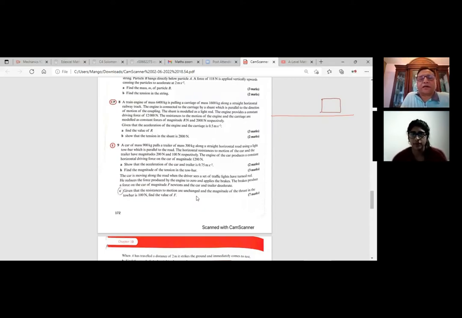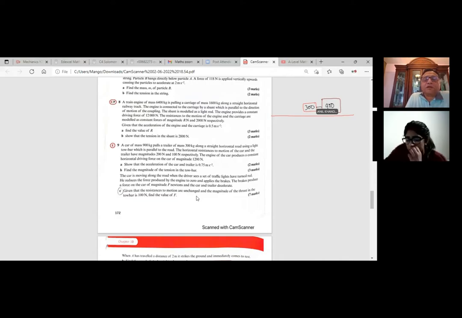Right, so let's make the diagram first. A car of mass 900 kg pulls a trailer of mass 300 kg. So we have this as 900 and 300, using a light tow bar which is parallel to the road.